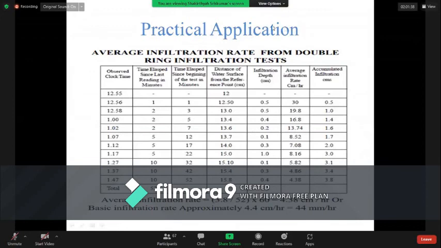This is the practical application. Just observe on the slide. Here is the observed clock time. From the clock time, you can write the time interval.